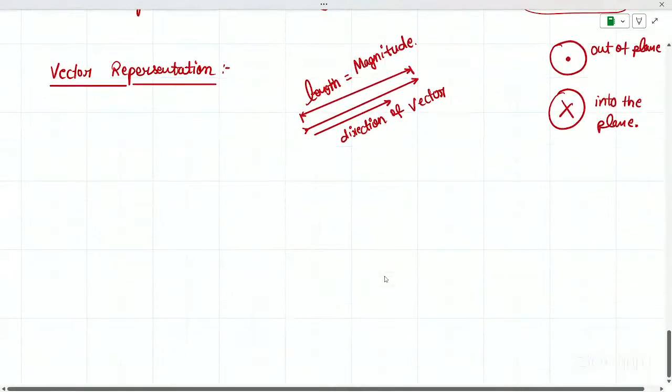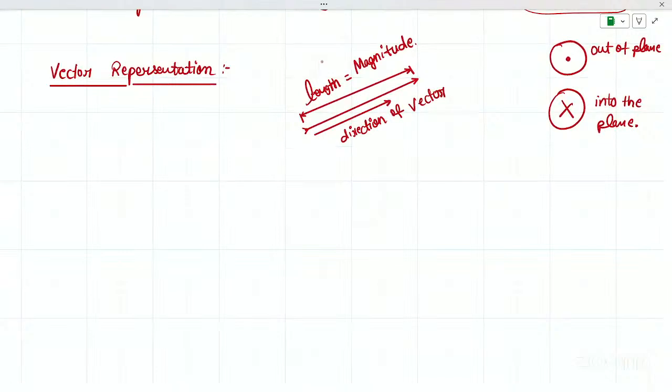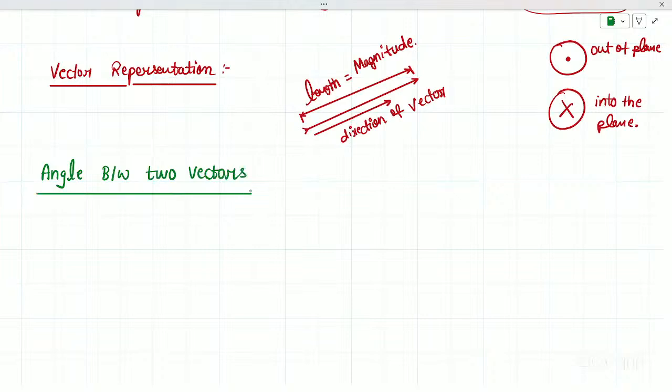Now, the next topic is angle between two vectors. Now suppose let's say there are two vectors. One is this and another one is this.